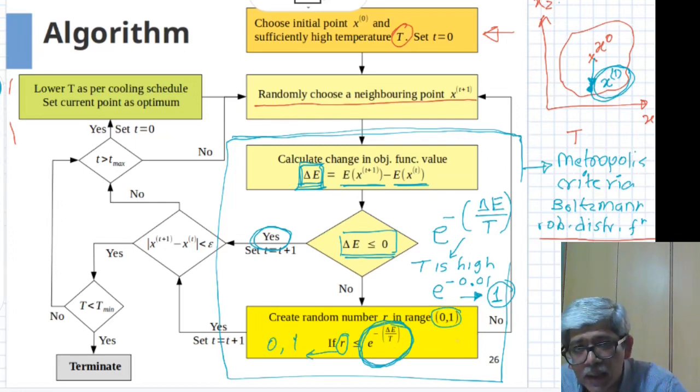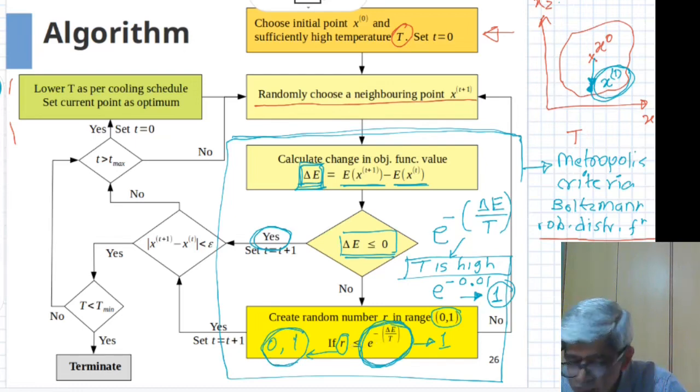And on the right hand side, we have a function which depends on the temperature. So as I just now discussed, if t is high, which is the case in the initial part of this algorithm, the right hand side will tend to 1. So if t is high, the right hand side will be equal to 1 and the left hand side will be anything between 0 to 1.